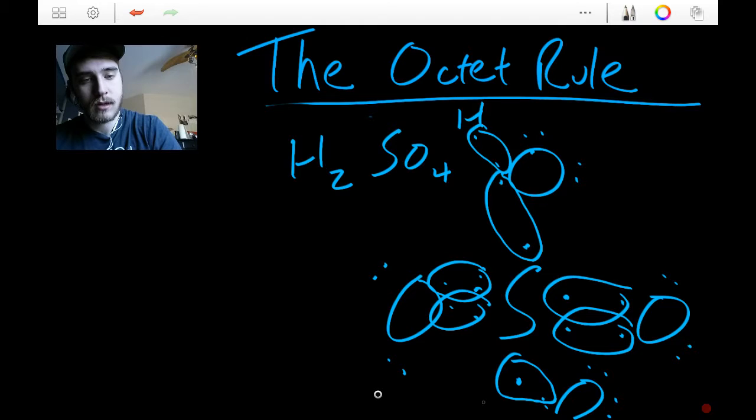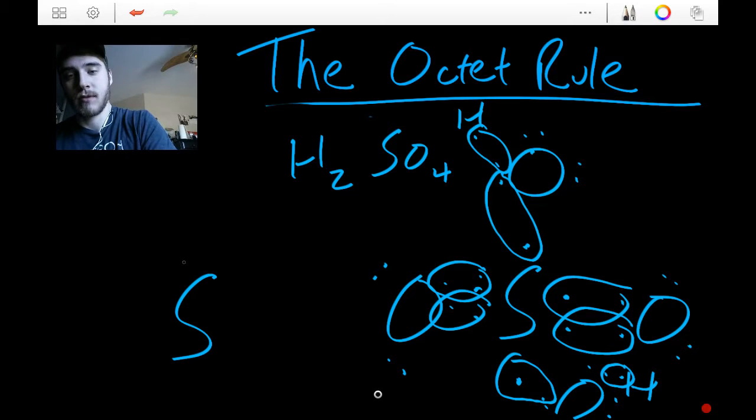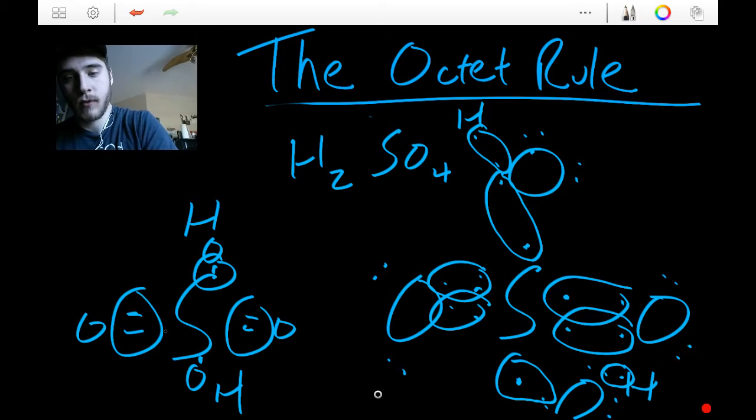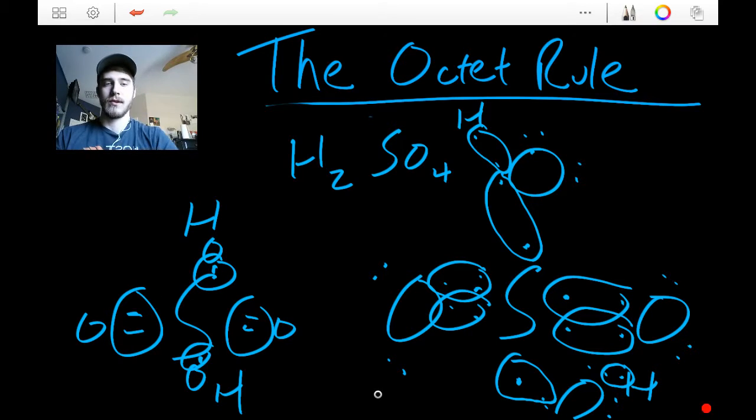Double bond and add an H with an electron. It looks messy, but basically what's happening is we're making this molecule, HOOH. And we could see that there would be 1, 2, 3, 4, 5, 6 bonds to sulfur.